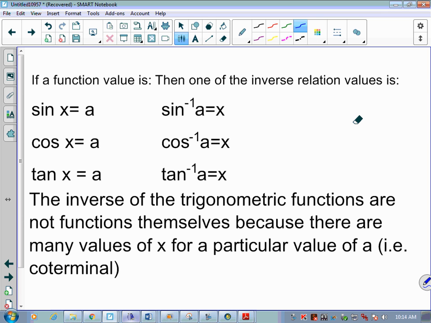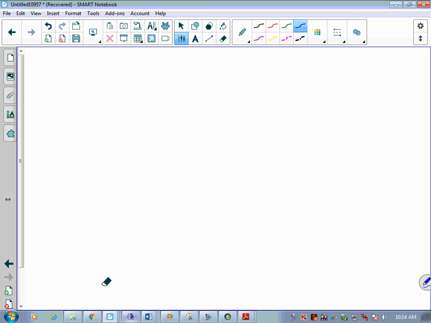We don't work a lot with their domain and range, but they are there. The inverses of the trigonometric functions are not functions themselves because there are many values of x for a particular value of A, meaning that as we go around the unit circle, we can find more than one place where a given scenario works, and you'll see that as we look into some of these questions.